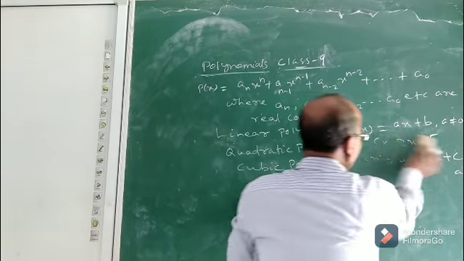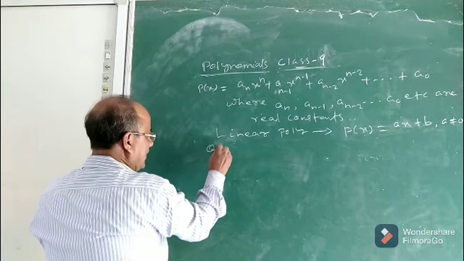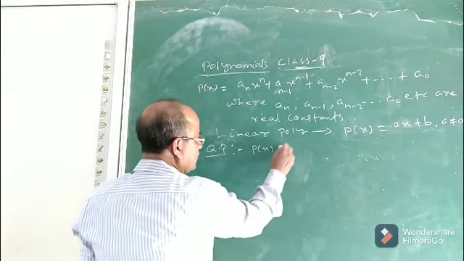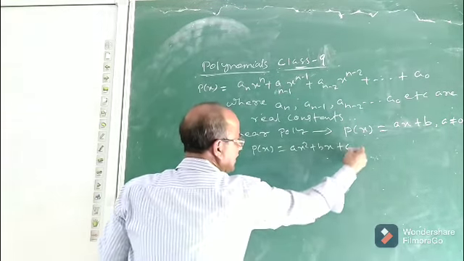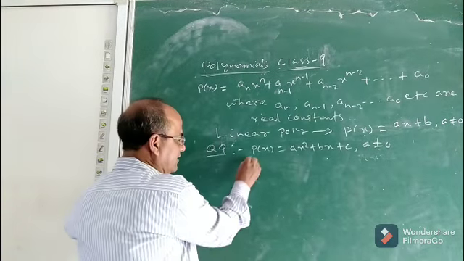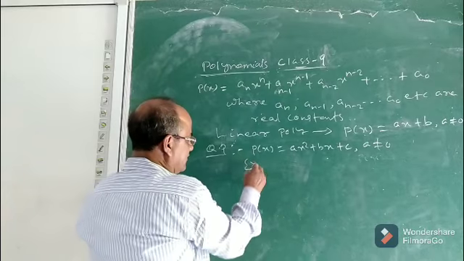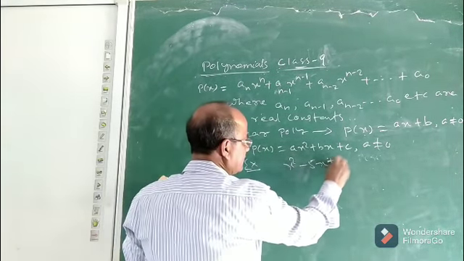Okay, so now let me give an example. This is a quadratic polynomial. As I told you, the general form is p of x equal to ax square plus bx plus c, and a not equal to 0, where a, b, c are real numbers or real constants. Take for example x square minus 5x plus 6.